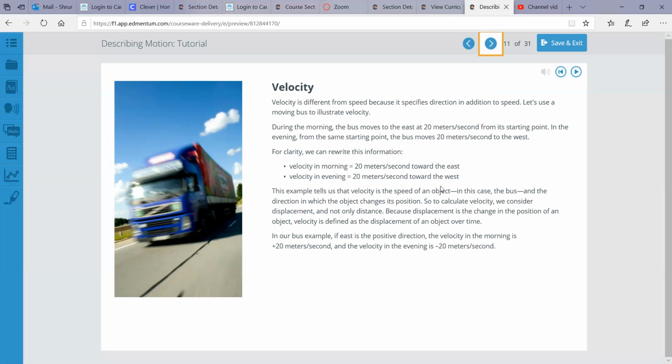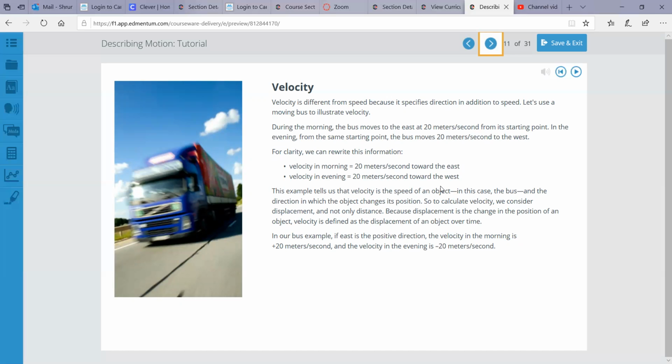So to calculate velocity, we consider displacement and not only distance, because displacement is the change in the position of an object. Velocity is defined as the displacement of an object over time.